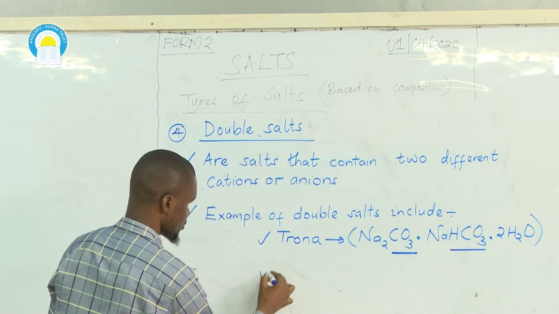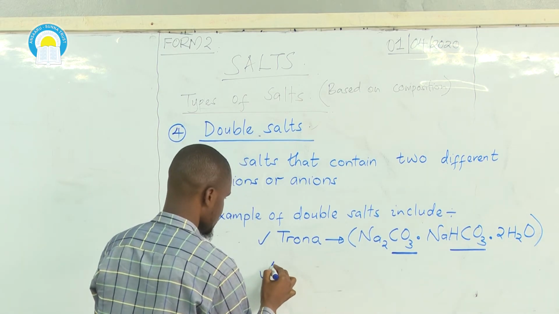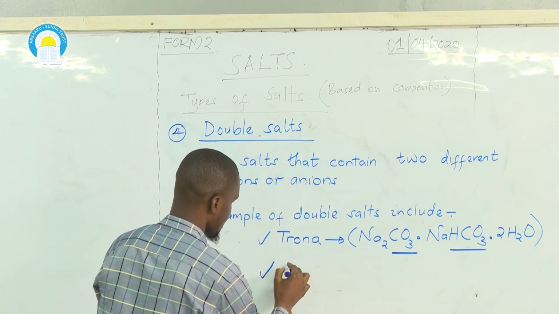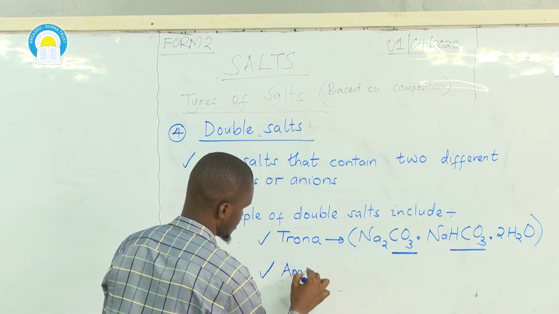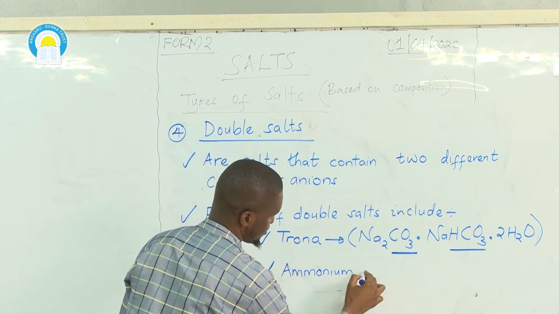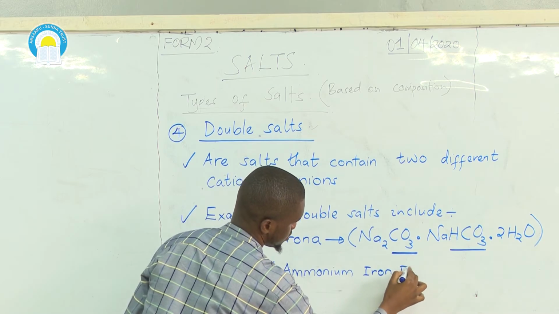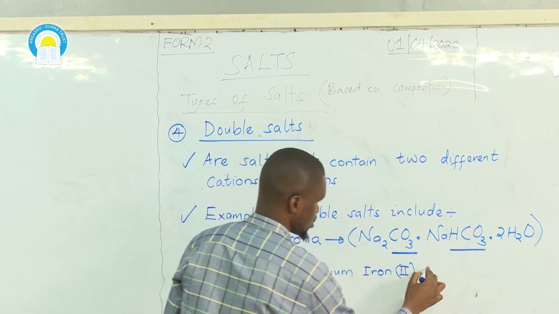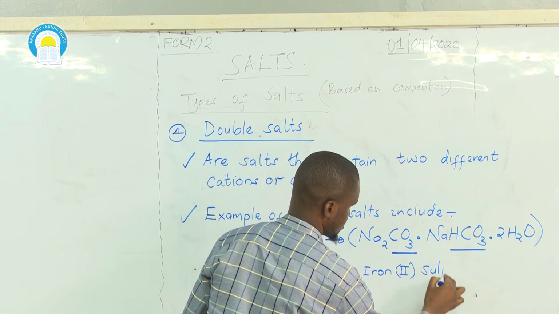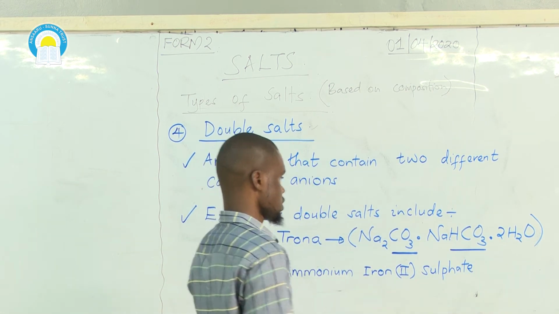The second example is a normal double salt we use, more so in the redox titrations. We call it ammonium iron 2 sulfate. Ammonium iron 2 sulfate is a double salt.